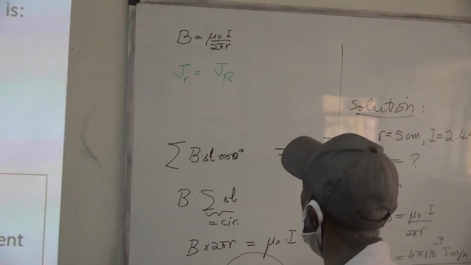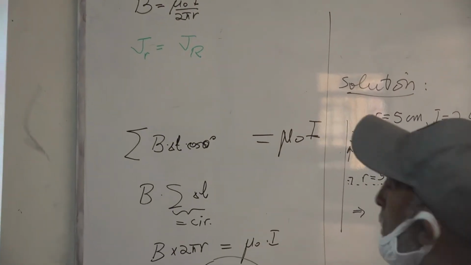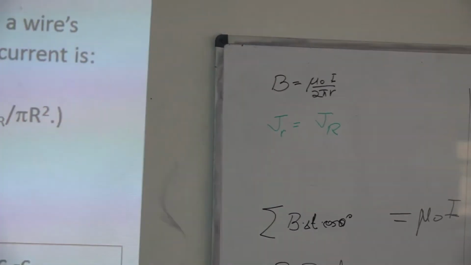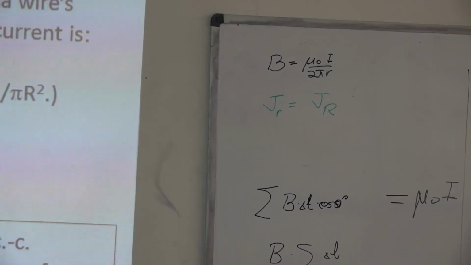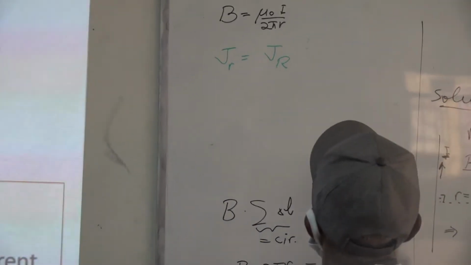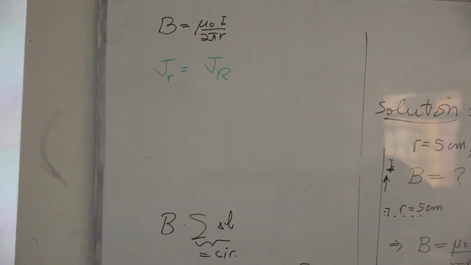And I hope that you remember current density means current divided by cross-sectional area. When you apply the two formulae, then you can get the magnetic field strength inside the wire at any distance from the center of the wire.